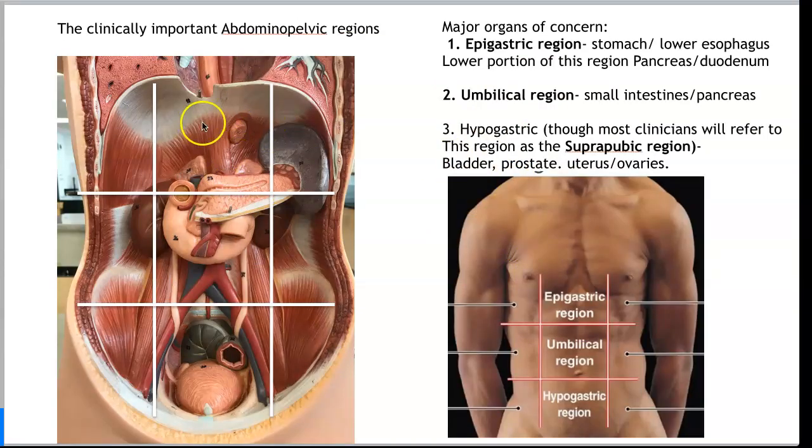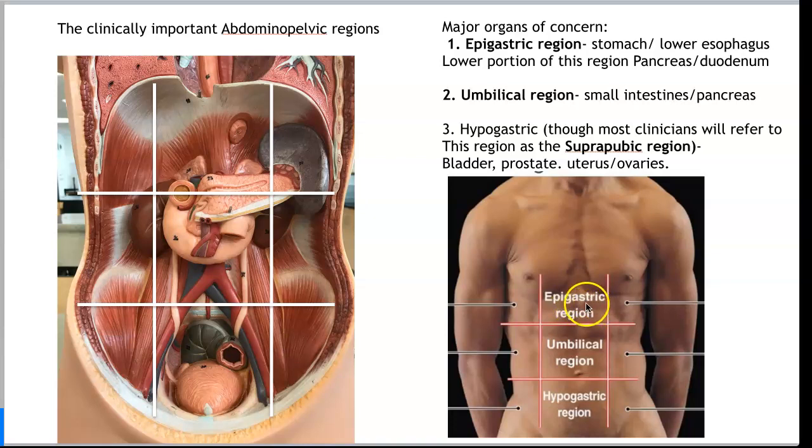So here's our torso model. I took out the liver and the gallbladder and the stomach. So these are the regions we're going to be concentrating on. This upper region, epigastric region. Epi means what? Remember, epi means on top of, over, above.